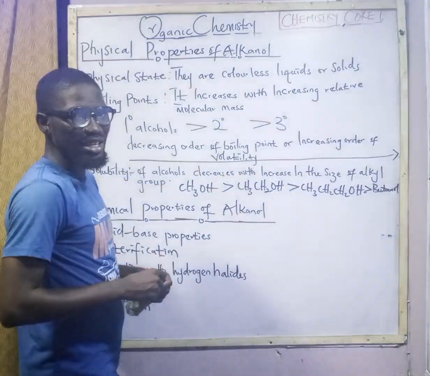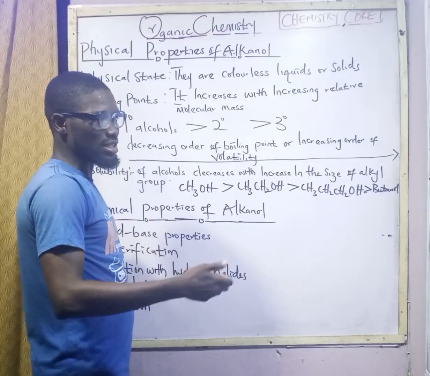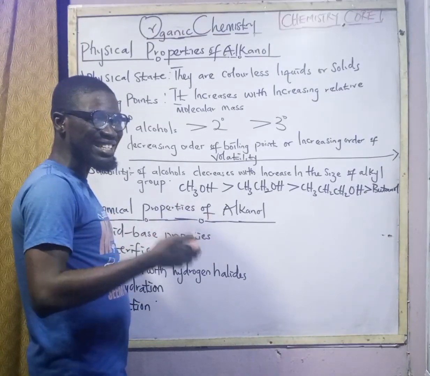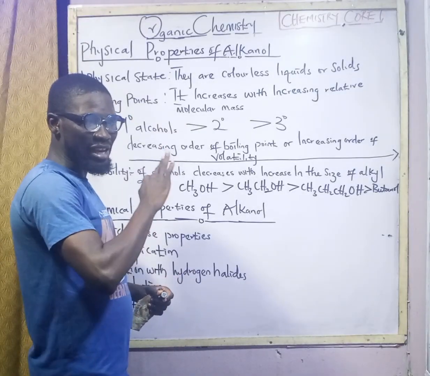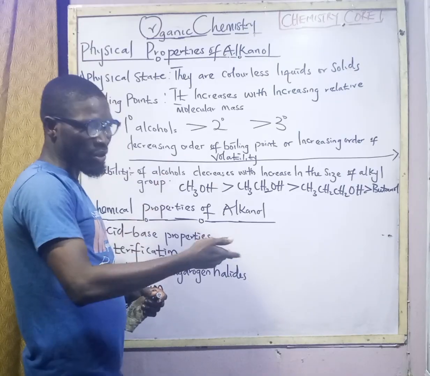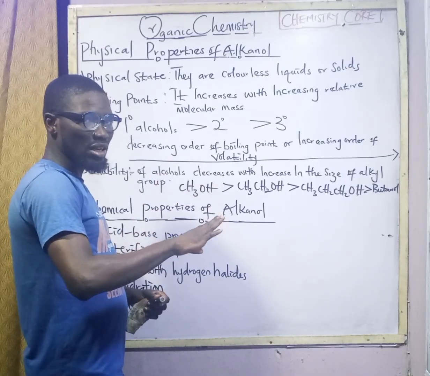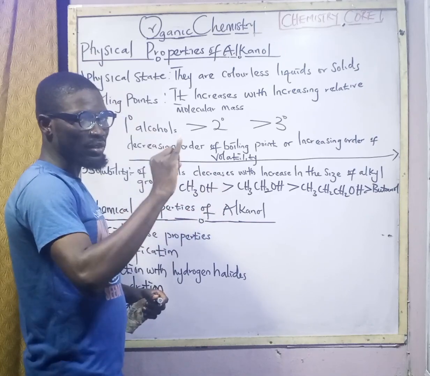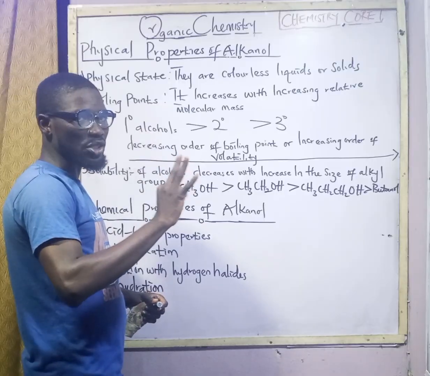That is the decreasing order of solubility, decreasing with increase in size of the alkyl group. So these are the three main physical properties of alcohol or alkanol that you come across. There are many, but the main three are the physical state, the boiling point, and the solubility.